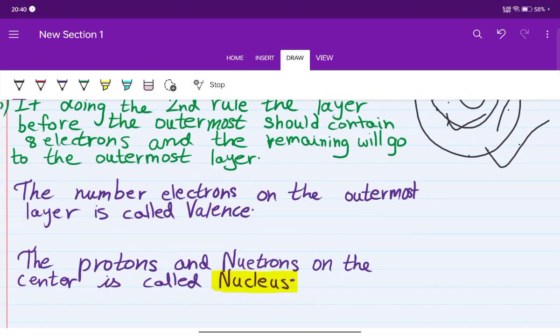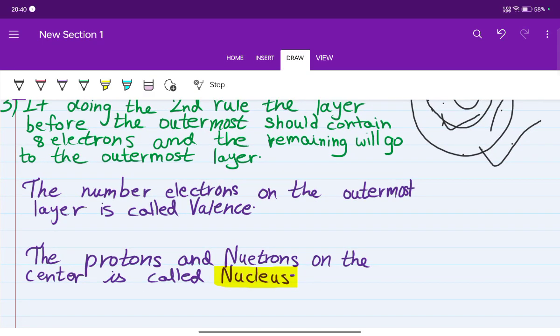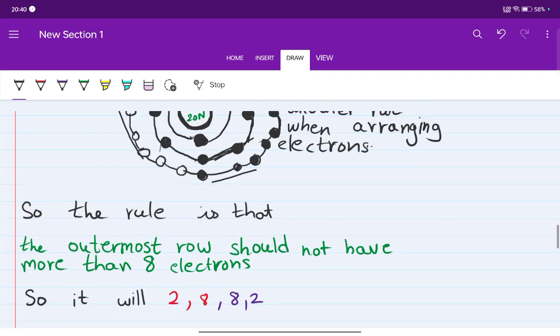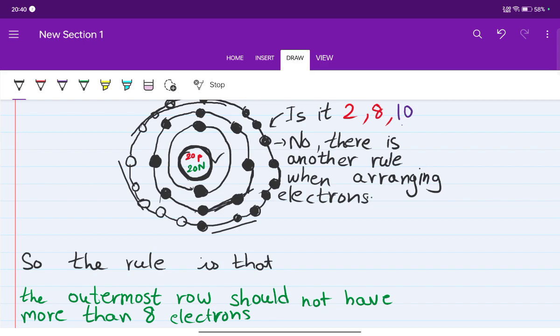The number of electrons on the outermost layer is called valence, and the protons and neutrons in the center are called the nucleus. This part is the nucleus. The nucleus is usually represented like this in a photo, just not for explaining.